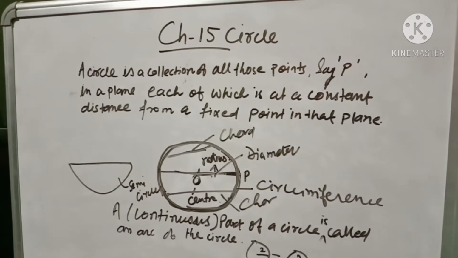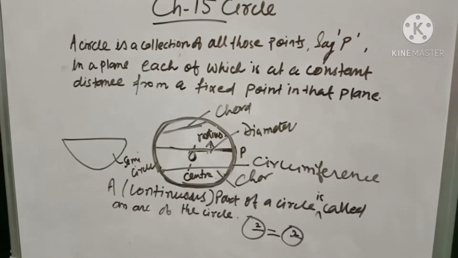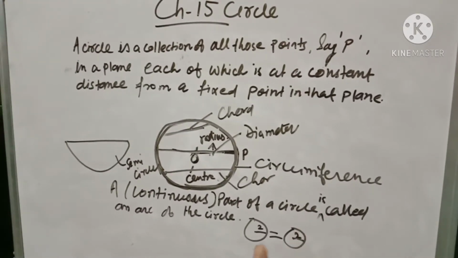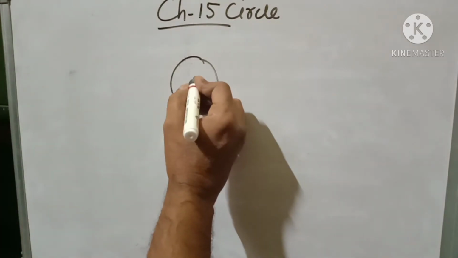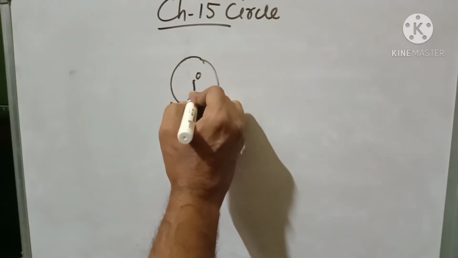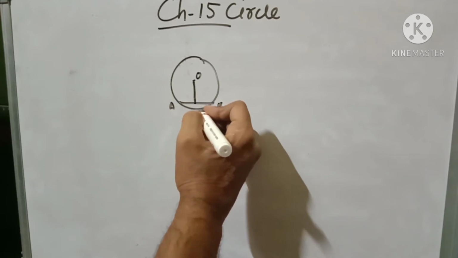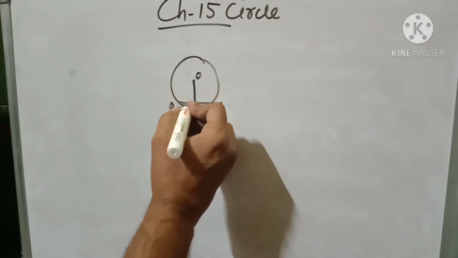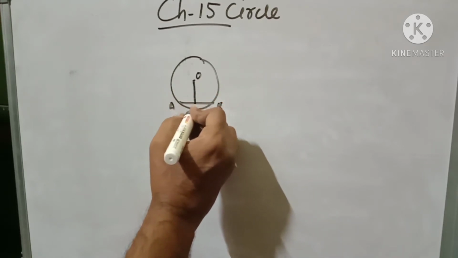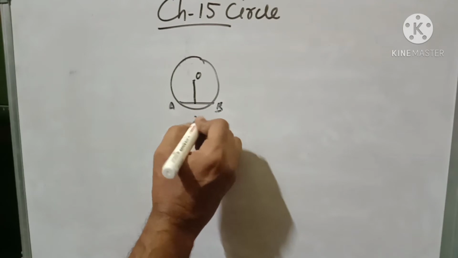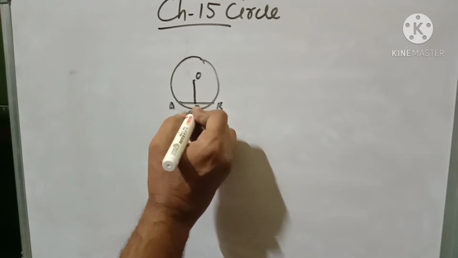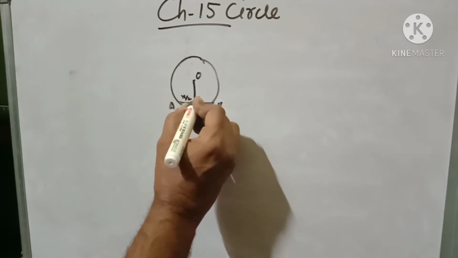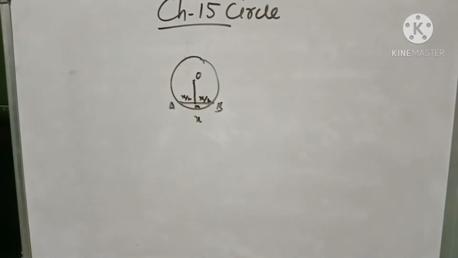Now write down: the perpendicular from the center O to a chord AB bisects the chord. Suppose AB is equal to x, and let the midpoint be M. So this will be x by 2 and this will also be x by 2.